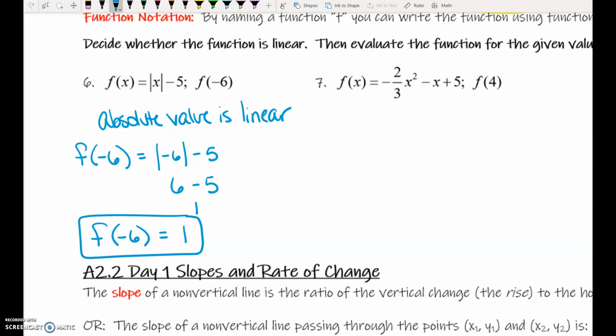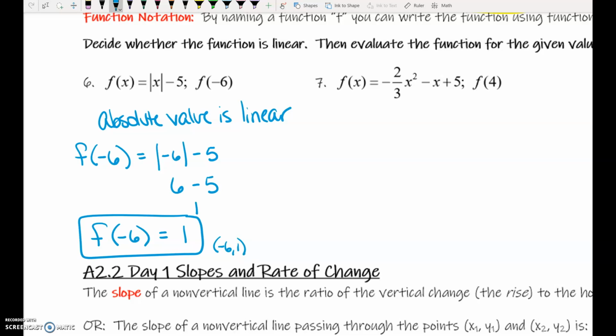Here's why mathematicians love function notation. I can look at this answer and see you took the equation that we labeled f, you plugged -6 into it, and you got 1 as your answer. So this label tells me that the point -6, 1 is on this graph.